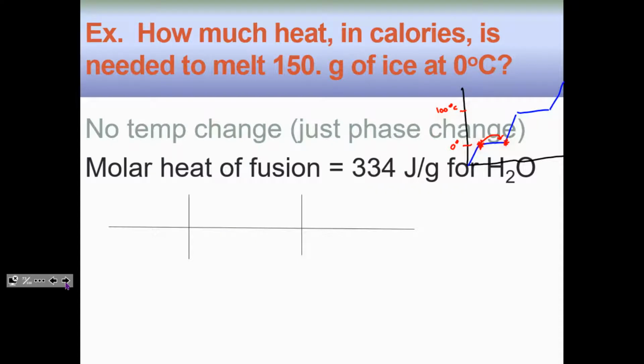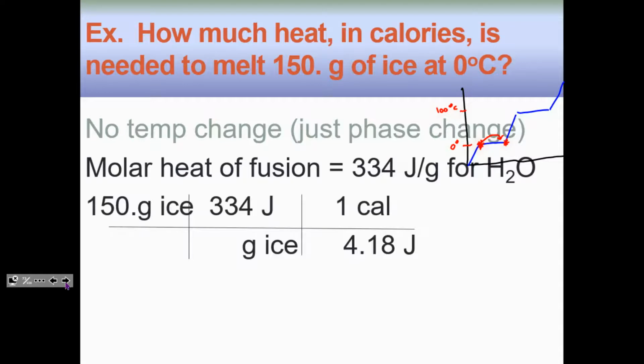So we're going to need the molar heat of fusion, 334 joules per gram. And we're actually going to use dimensional analysis here. We're going to take 150 grams of ice. I'm going to use my 334 joules per gram as a conversion factor.